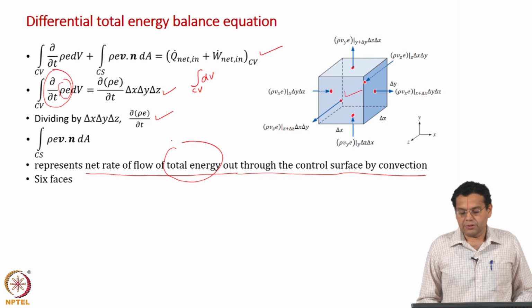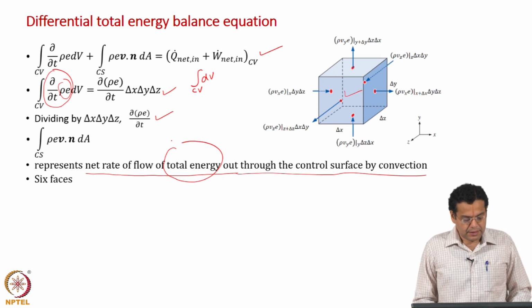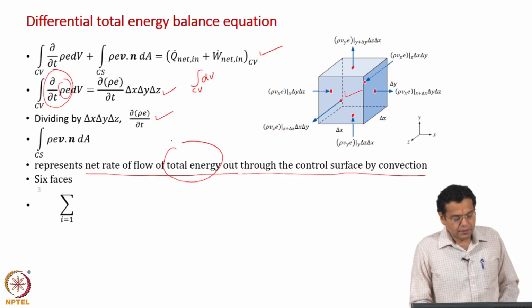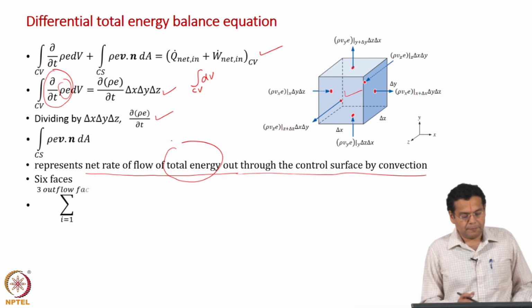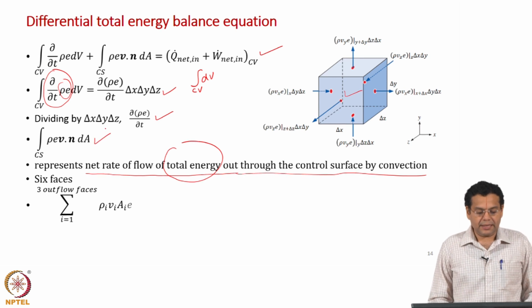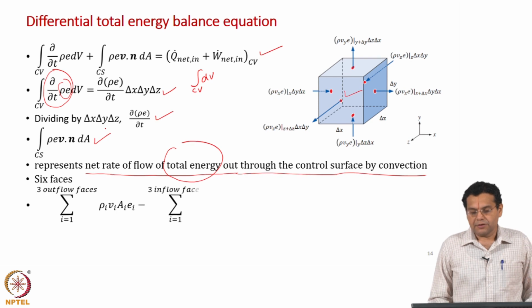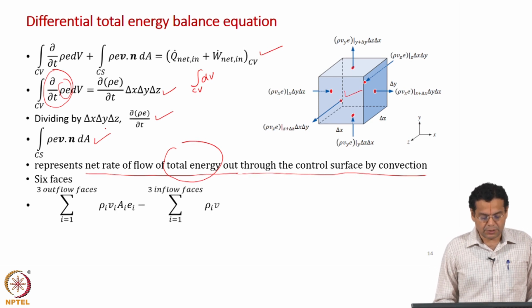Energy enters through the left face, the bottom face and the rear face, and it leaves through the right face, the top face and the front face. And now, what we should do is express this integral expression for the 6 faces. Let us do that.